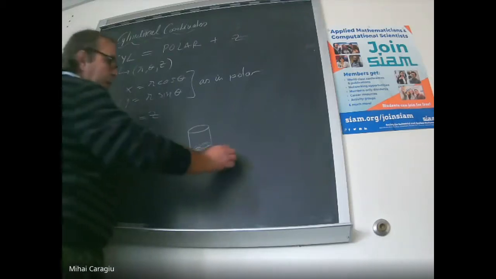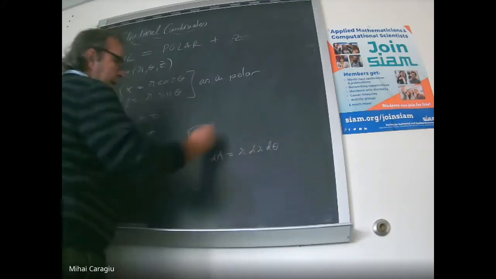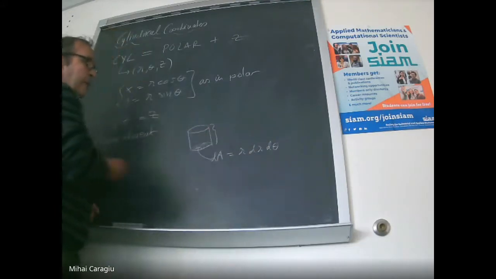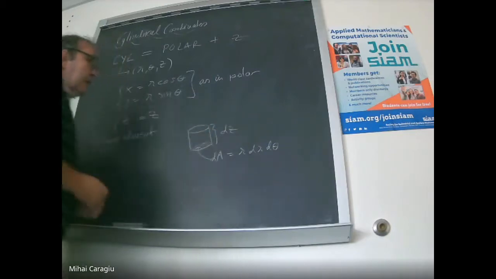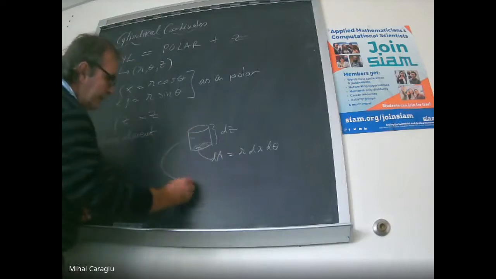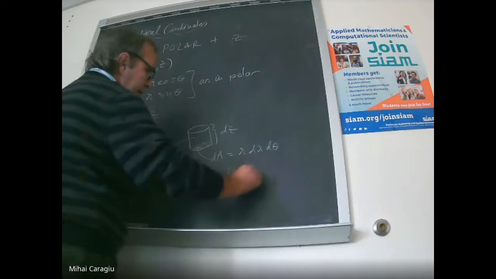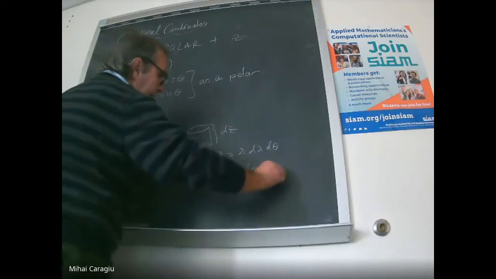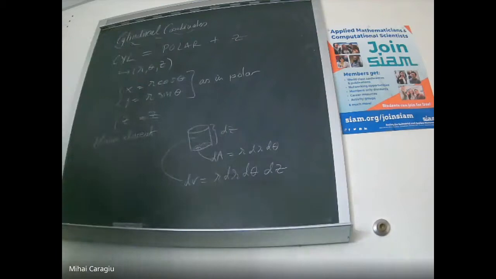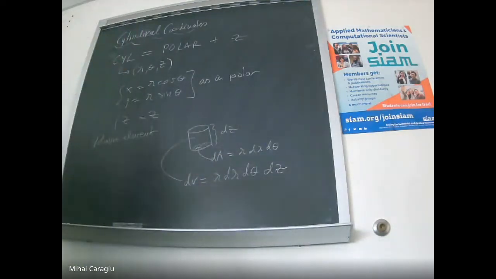So dA in polar coordinates is r dr d theta. And the height of this infinitesimal cylinder will be dz. Now the volume of the cylinder is the area of the base times height. So dV is r dr d theta dz. In practical problems, we can permute dr, d theta, dz as needed depending on the order of the integrals.